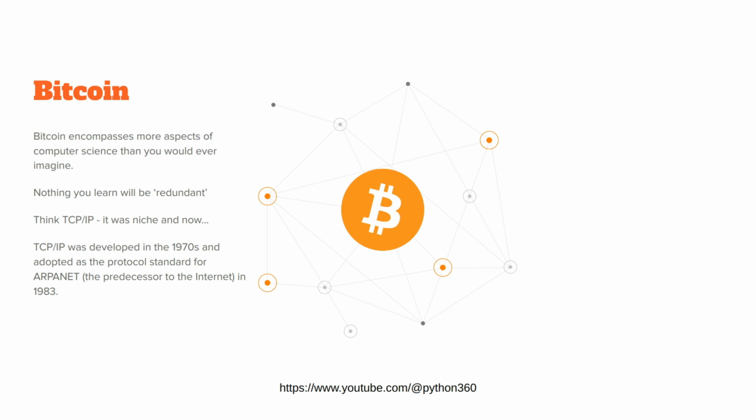So it's so deep and broad, you will benefit from learning about Bitcoin, whatever your particular niche is or what particular niche you would like to follow. Bitcoin's often compared to TCP/IP because in the 70s it was niche. However, as we all know, now it's not.